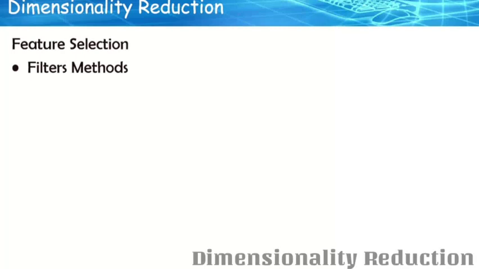First we will discuss 3 methods. The first method is filter methods. In this method, the data is filtered and a subset that contains only relevant features is taken. Some of the common techniques used here are correlation, chi-square test, ANOVA, and information gain, etc. Those who are interested can go ahead and understand those.